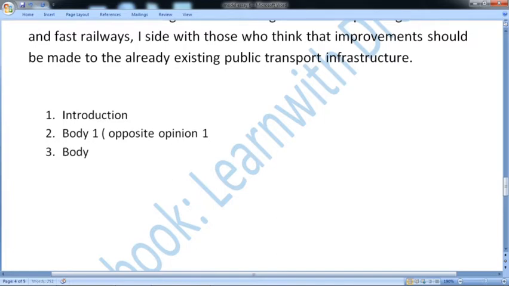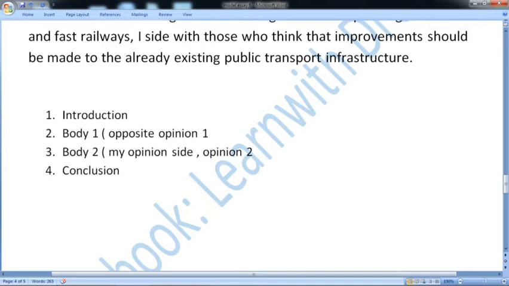And body 2 is the opinion I agree with, my opinion side, in this case opinion 2. And then I would go for conclusion. This is organization of my whole essay.